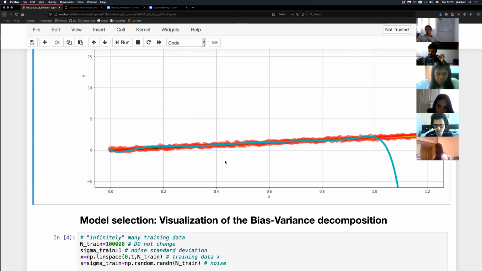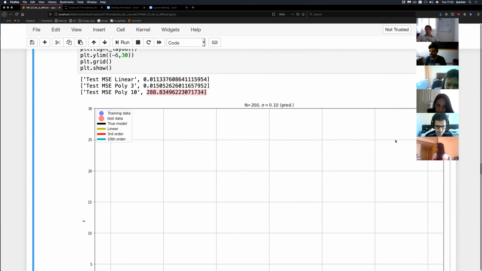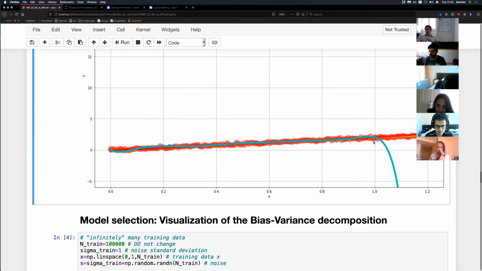It's because small differences in the coefficients associated to the higher order monomials lead to very different predictions. And you see that after the last point that we trained, because the coefficients are not exactly good, we see a large deviation like this, and therefore the test error is completely dominated by the error at this level, which is away from the range that we used in the training data.